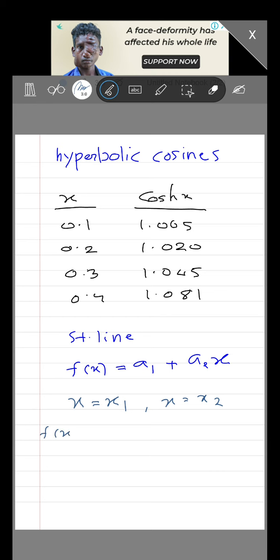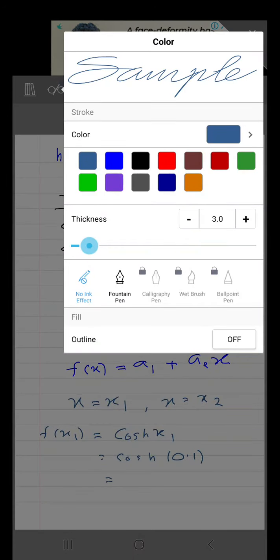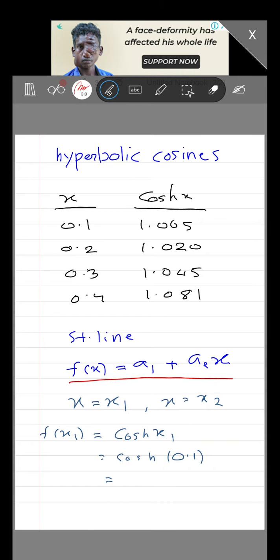First one is f(x1), which is equal to cosh(x1), and x1 is nothing but 0.1, and according to this equation it is equal to a1 plus a2x1, and from the table we know that it is equal to 1.005.